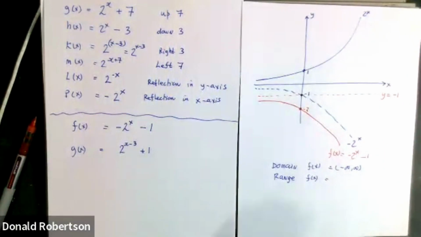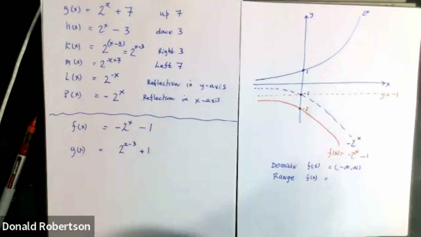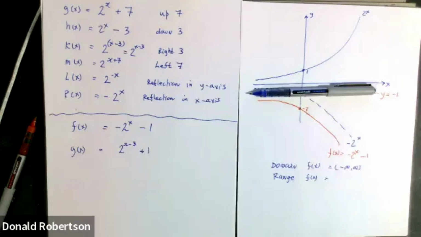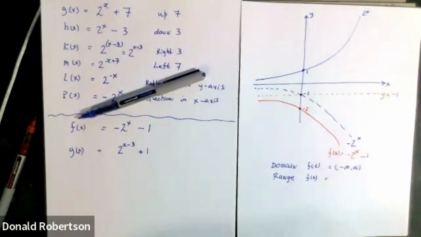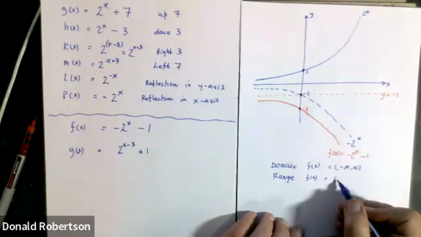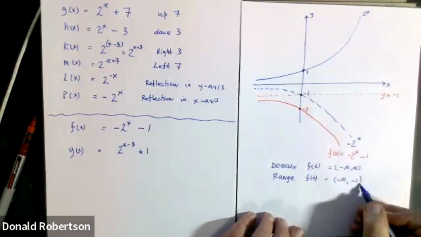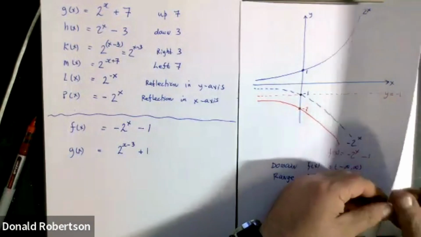If you look at the red function, do you see that it only gets to there? So the biggest number it ever gets to for a y value is -1, but it curves down the way. So it can be any number way down at minus infinity. It gets up to -1 and then stops. So that would be the range of y values.